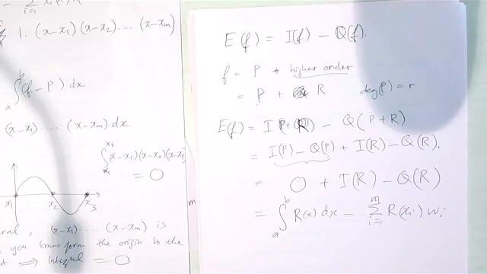I just explained it, but it was written here in the lecture notes. So now the error is here. First you write f as p plus r, and p is the Taylor polynomial, and r the remainder.